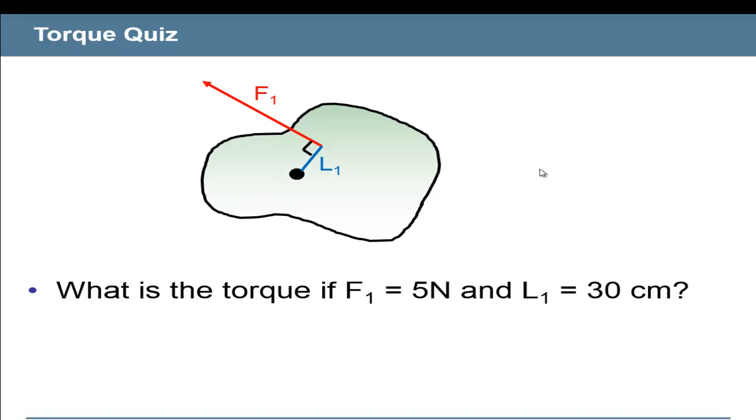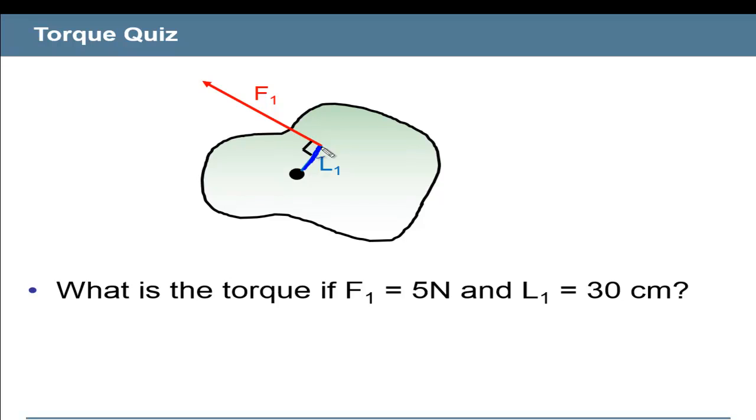A quick little problem here. So let's say we have this shape, some body in here that's going to rotate about this fixed point right here, and I apply a force over here, force F1 at some distance away, and this perpendicular distance is given by L1.